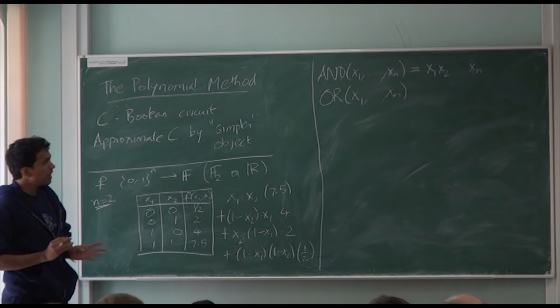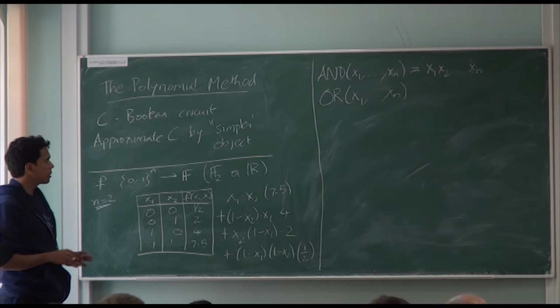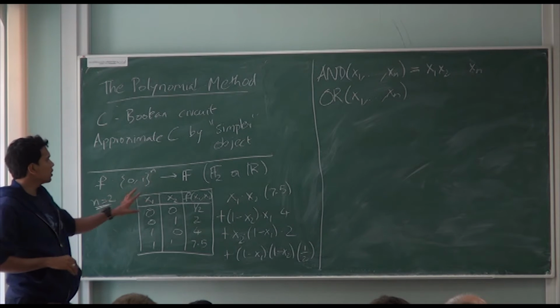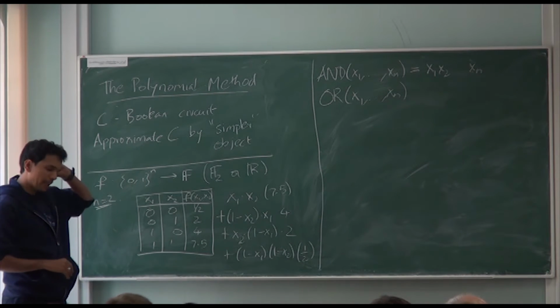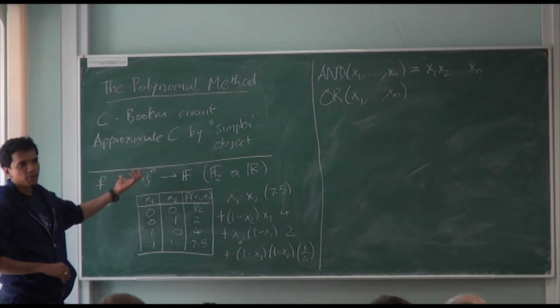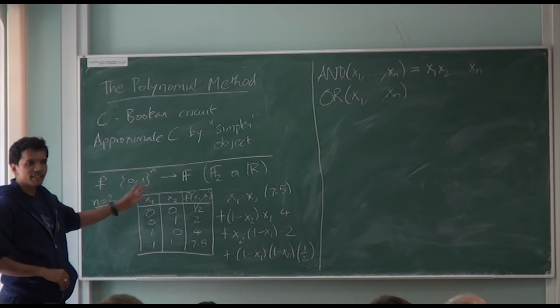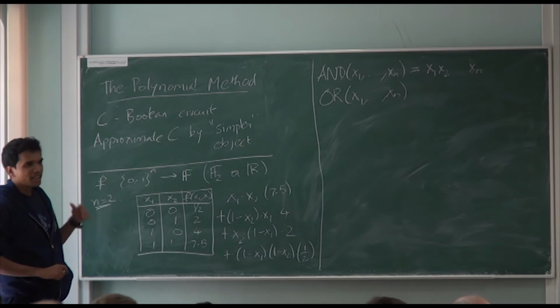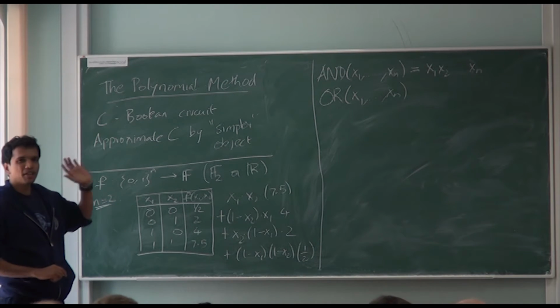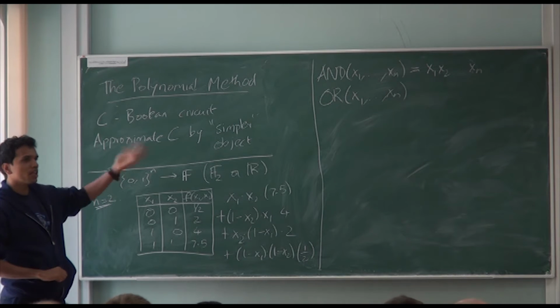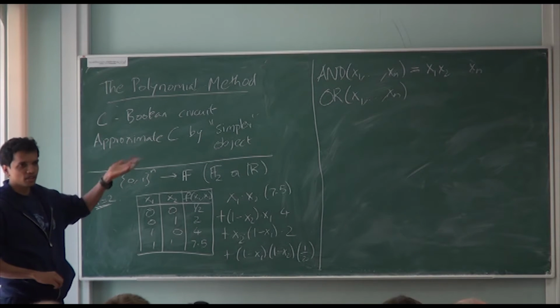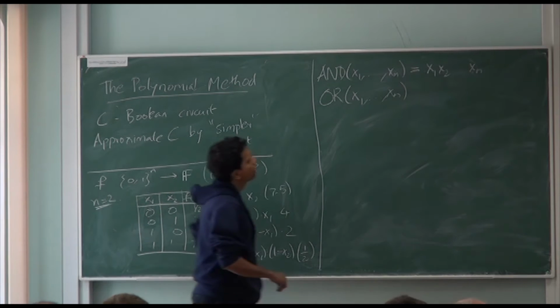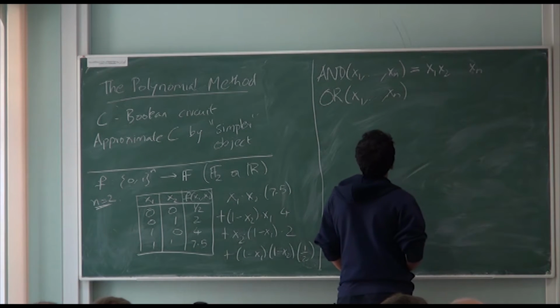But many of the results that I'll be describing hold equally true if you replace 0, 1 by any pair of elements from the underlying field. So I could work with 1, 3 or whatever, and most of the results would go through. There would be a few changes here and there, but the theorems are sometimes more transparent when you work over the 0, 1 basis, and that's why I'm using it.